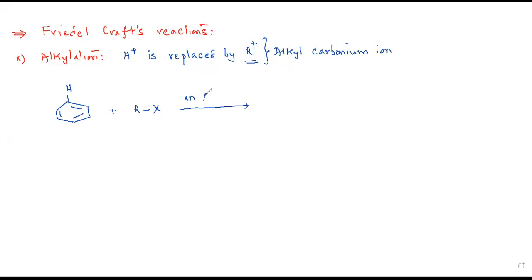See, when benzene is treated with the alkyl halide in the presence of a Lewis acid, again, which helps in the generation of electrophile, AlCl3 or BF3, even FeCl3, SnCl4, or even ZnCl2.